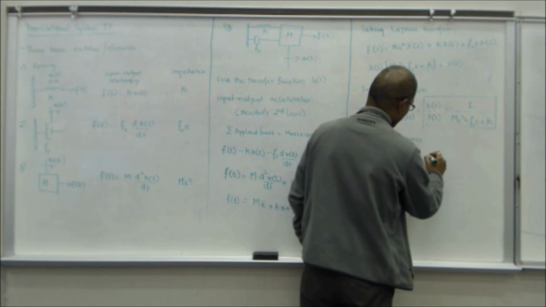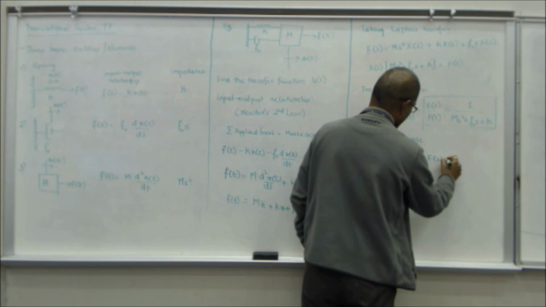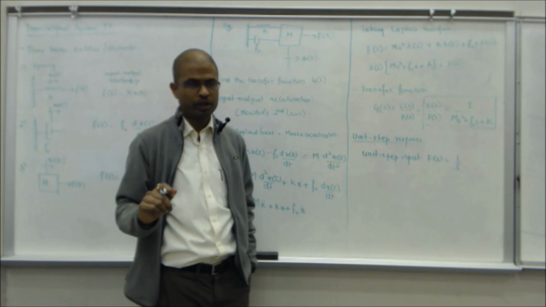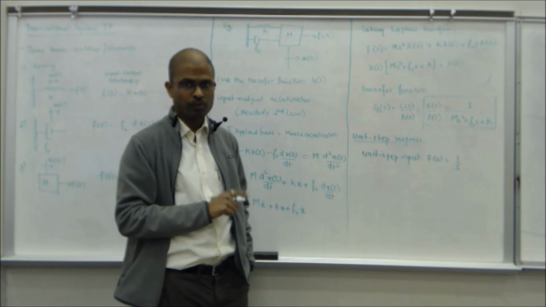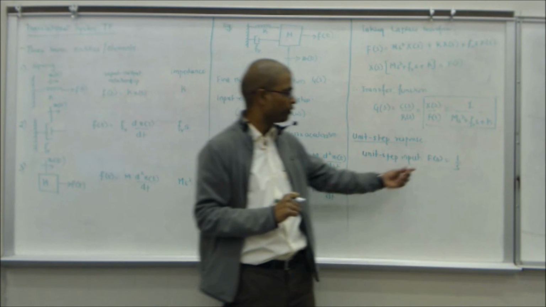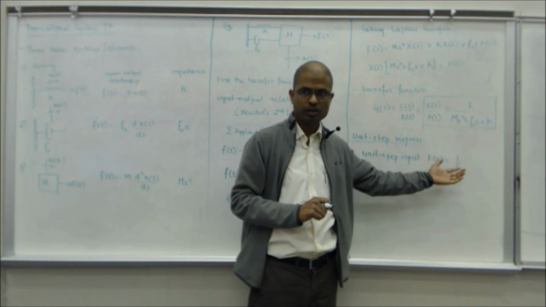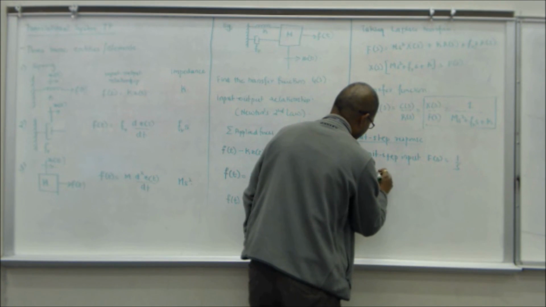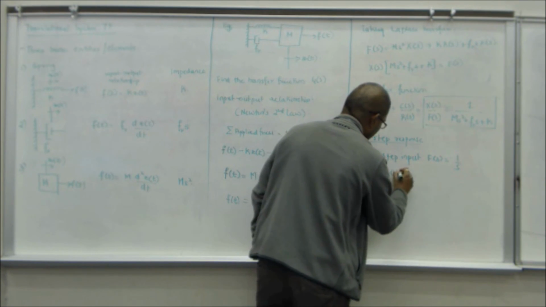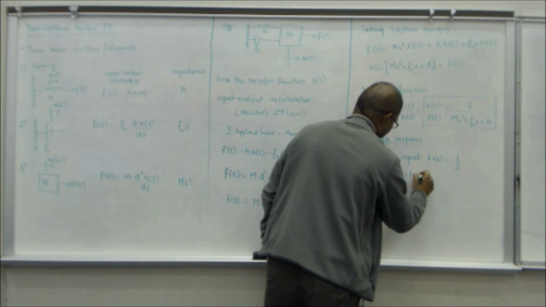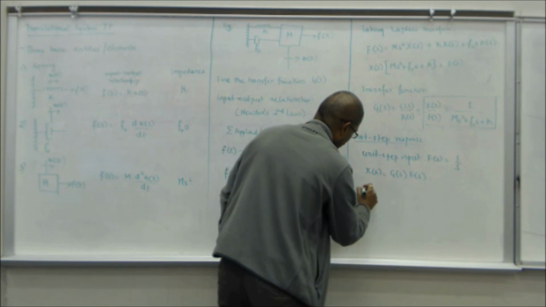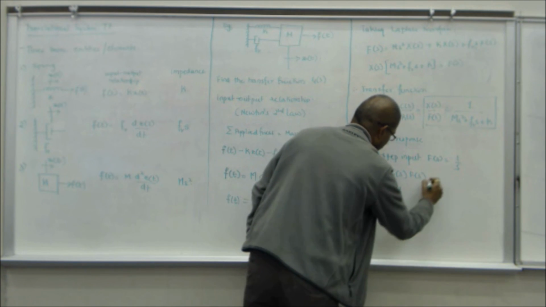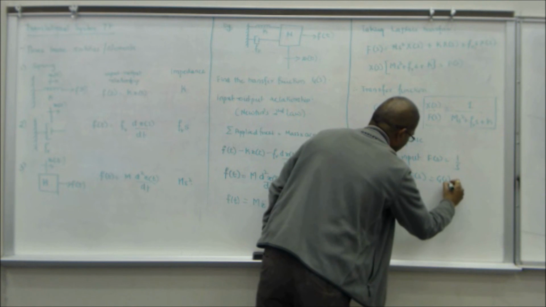Unit step input f of s is what? 1 over s. It is 1 in the time domain, 1 over s in the frequency domain or Laplace transform. So all you have to do is x of s equals g of s times f of s, right? Or x of s equals g of s over s.